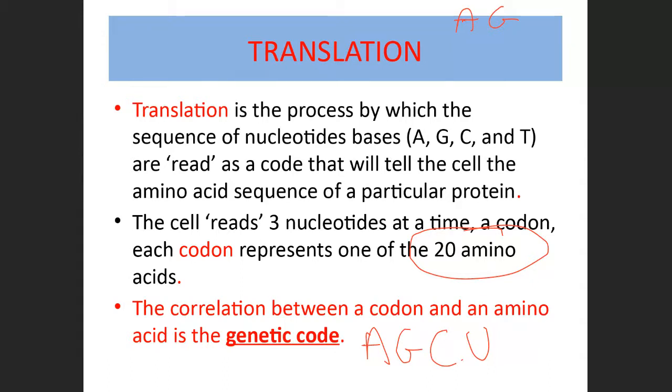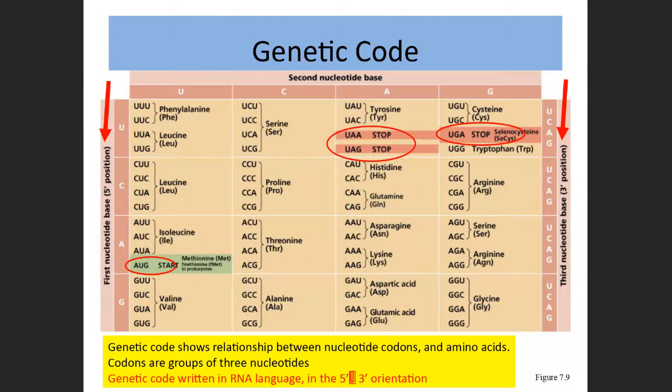If you combine all possible combinations of A, G, C, U in groups of 3, you end up with 64 combinations. These are all the possibilities of arranging A's, C's, G's, and U's in different manners. You have 64 possible different combinations. All you needed was 20, so this is more than enough to account for all 20 amino acids.